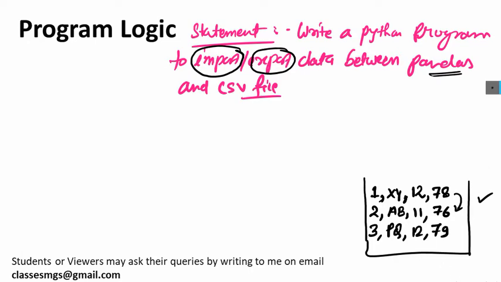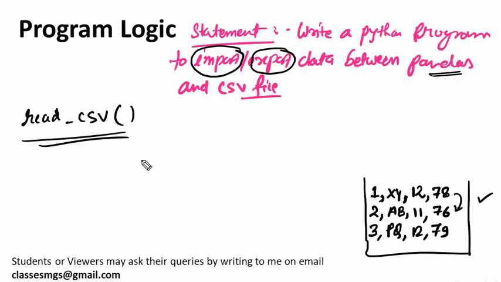We will use the read_csv method to read the CSV file. In the same way, to write the data into the CSV file, we will use the method to_csv. So these are the two important methods you need to know.